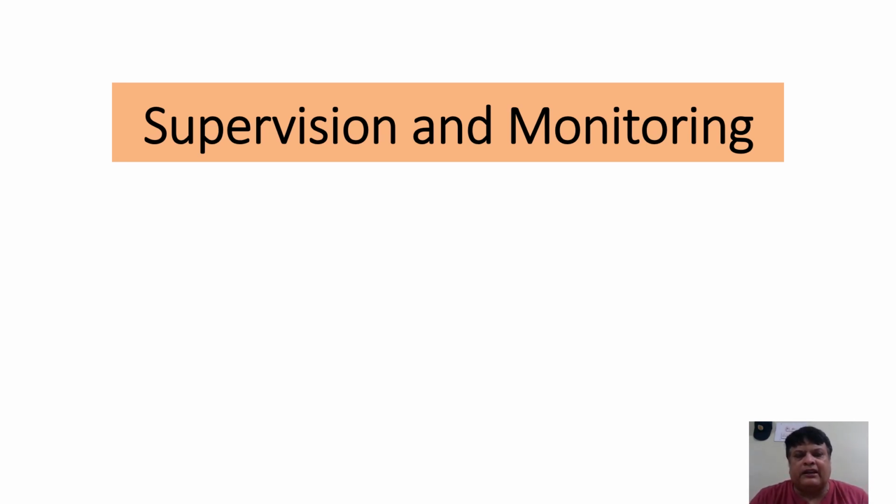To simplify it, if we look into supervision, there have to be two sets of people. One is supervisee and another is supervisor. Not necessarily all the time does supervision have to be done with people only, but largely when we talk about public health programs, we talk about enhancing the qualitative parameters of healthcare staff.